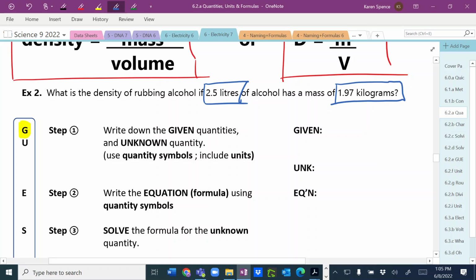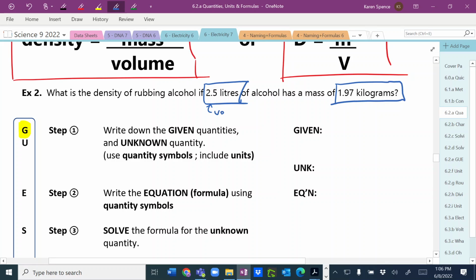Once you have identified your given information, you are going to write down what quantity is associated with it. Please tell your partner what quantity is associated with liters. Volume is what is associated with liters.